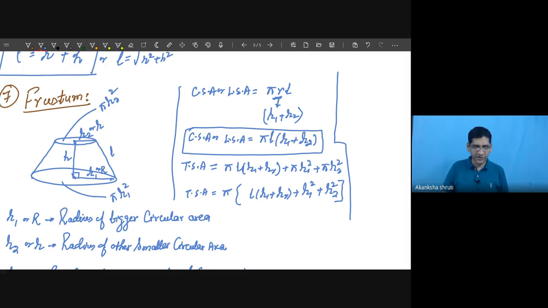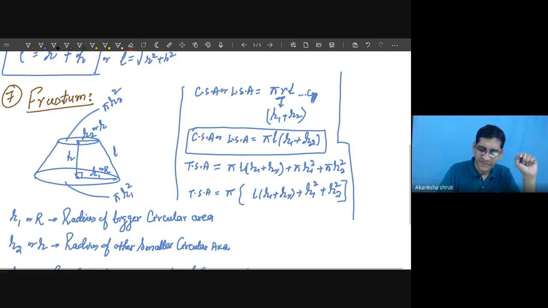Now coming to the volume. The volume also gets modified slightly with the radius only. What was the volume of a cylinder? Applying 1/3 to the cylinder we get the cone.